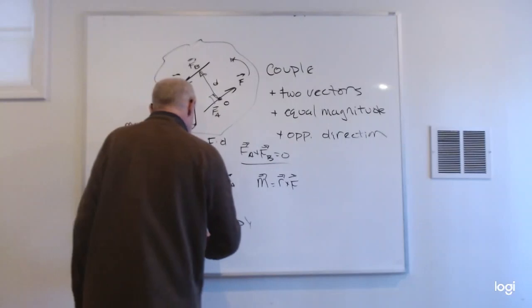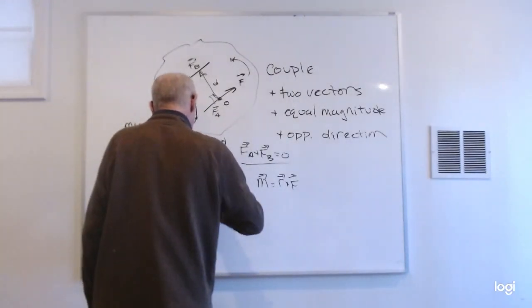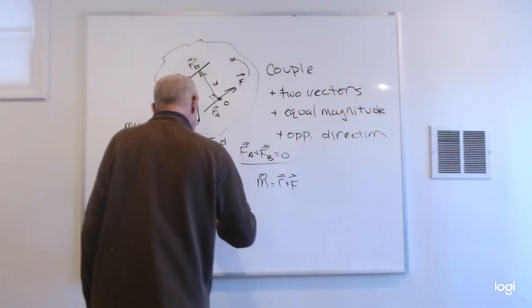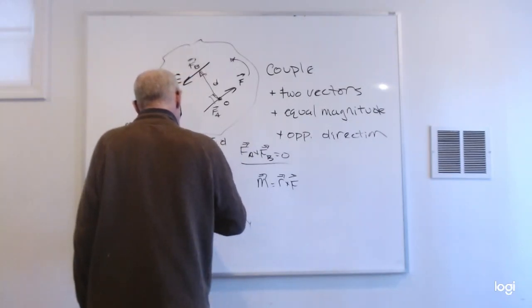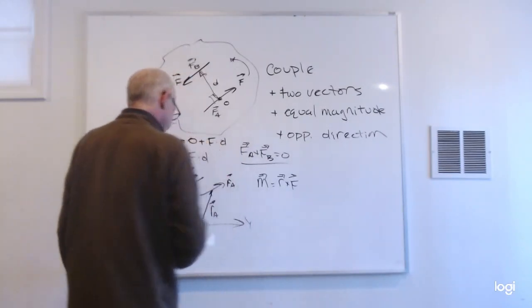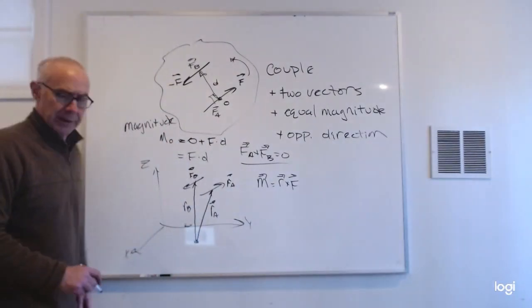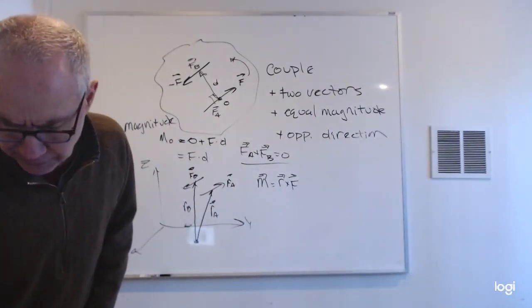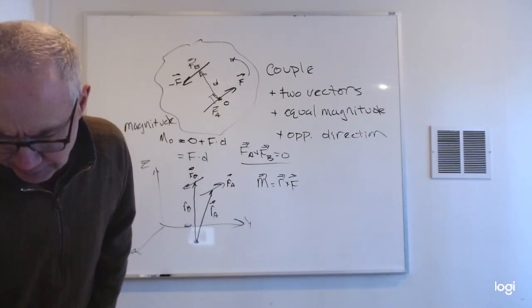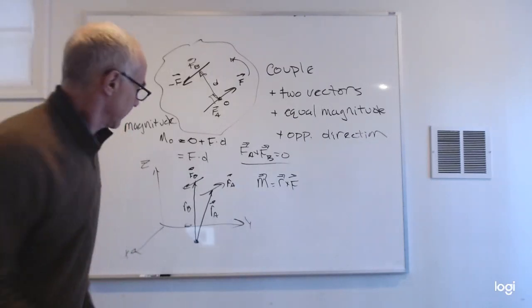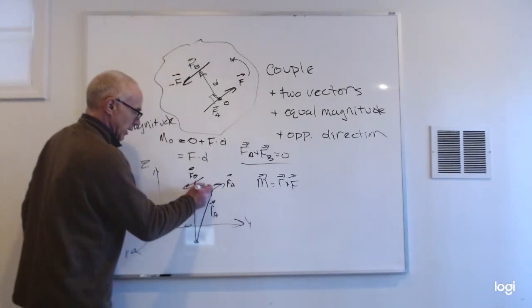So I'm going to draw an R vector here. This will be RA. And I'm going to draw RB here. All right, that's my RB. And I can define another vector, which I'm going to call RAB, which will go right here, RAB.